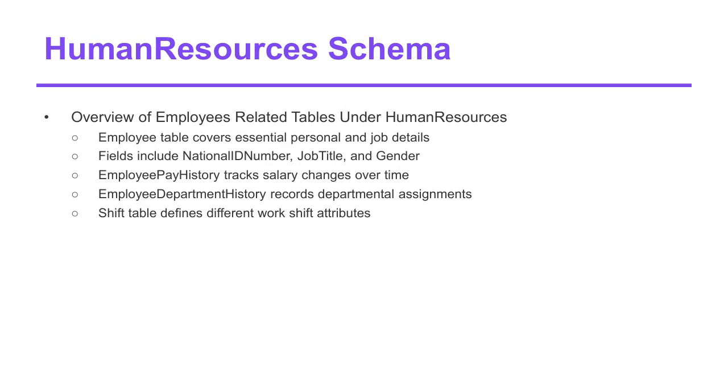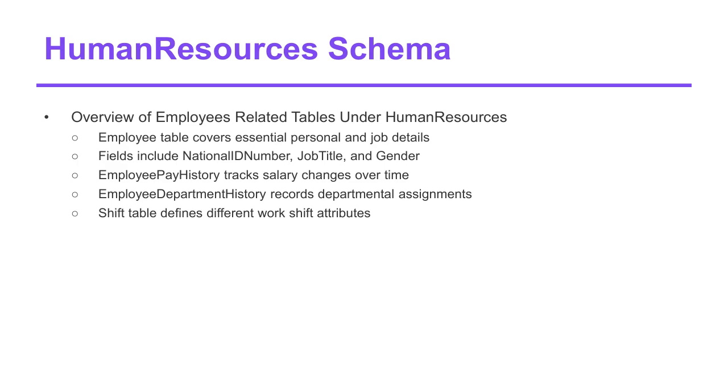The human resources schema focuses on the tables related to employees and their job information. The employee table holds key personal and job-related details such as national ID number, job title, and gender, which help uniquely identify and classify employees.